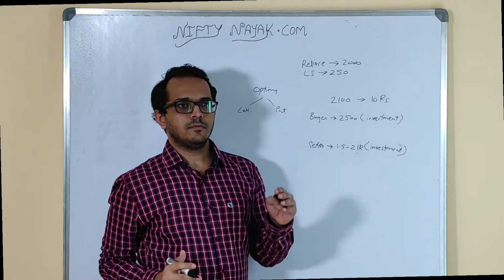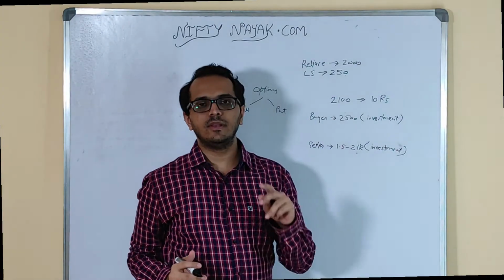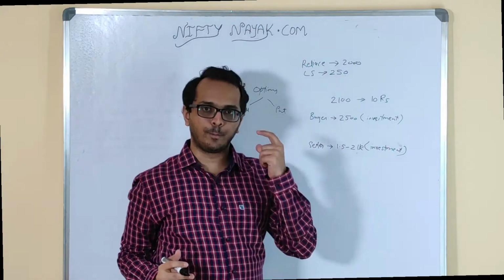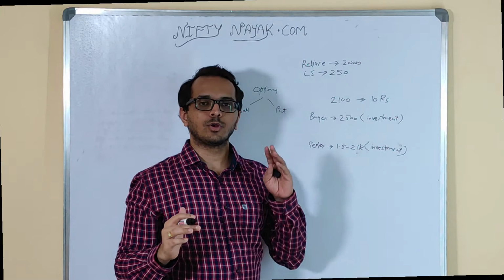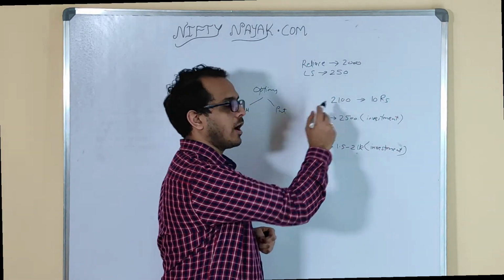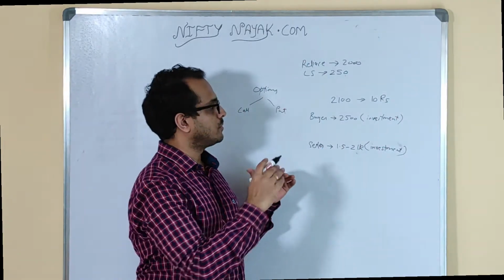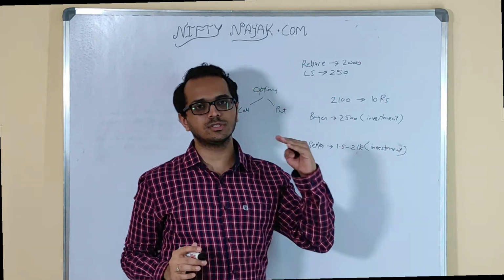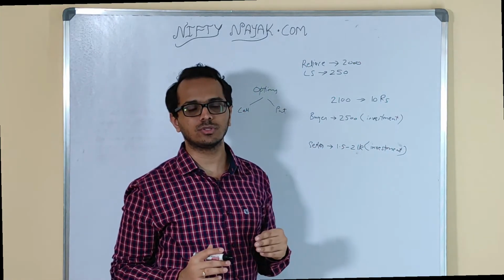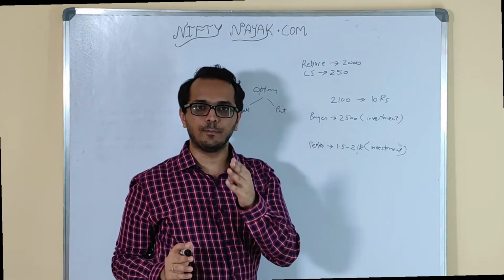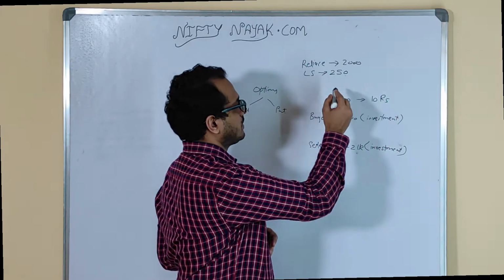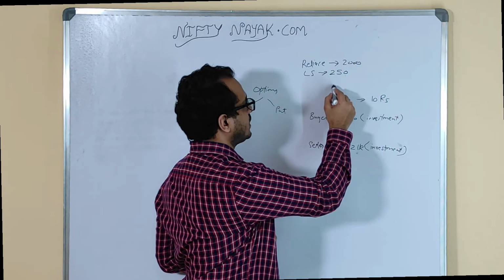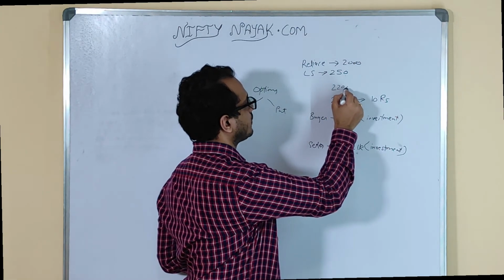Now the buyer will be making a profit only when Reliance closes above 2100. So the more above it closes above 2100, that's when the buyer will be making a profit. So if, let's say, Reliance closes at 2200.